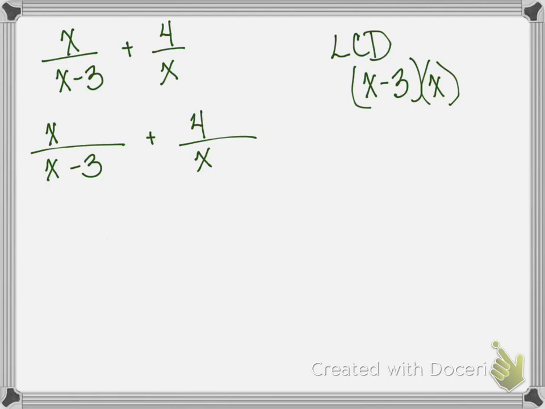X. Okay, so I have to have this x right here. What am I missing in the second one? Good. I think that's a little bit easier to see than all those extra variables on the last one. Okay, you may disagree with me, and that's fine. I just think it's a little bit easier to see.